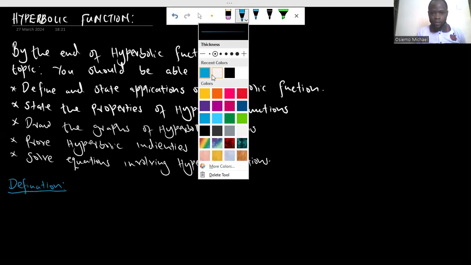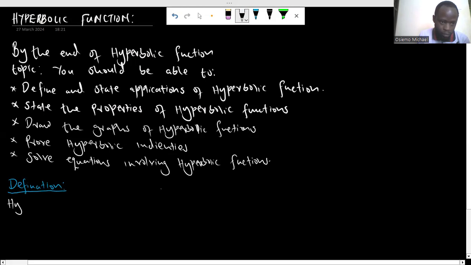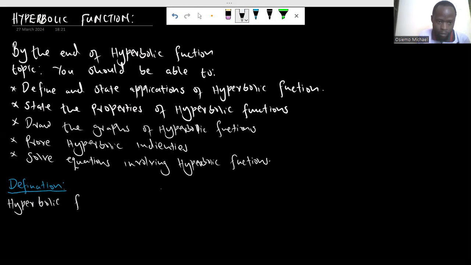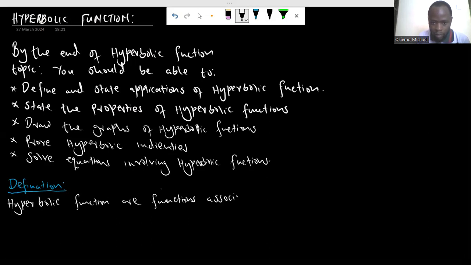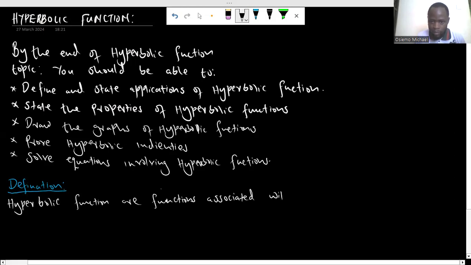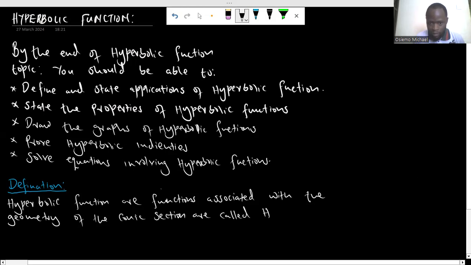So what is a hyperbolic function? Hyperbolic functions are functions associated with the geometry of the conic section, and these conic sections are called hyperbola.